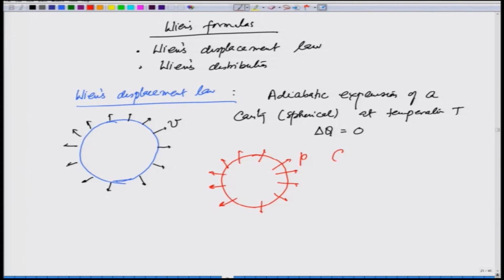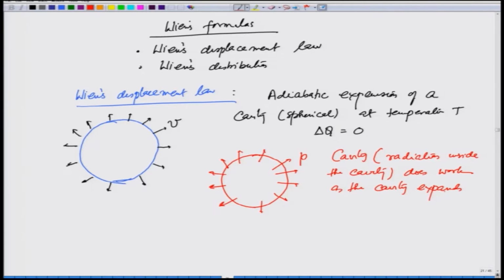So, the cavity, or more appropriately the radiation inside the cavity, does work as the cavity expands.